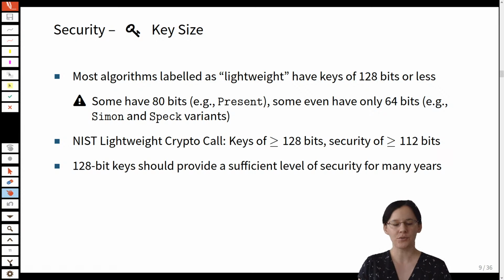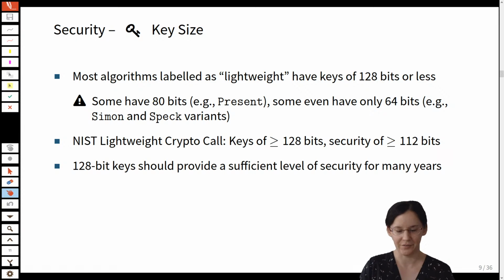And while it's true that most lightweight ciphers have a relatively small key size, up to 128 bits, this is actually not a clear distinction between lightweight and non-lightweight, because having slightly larger keys often doesn't cost that much.